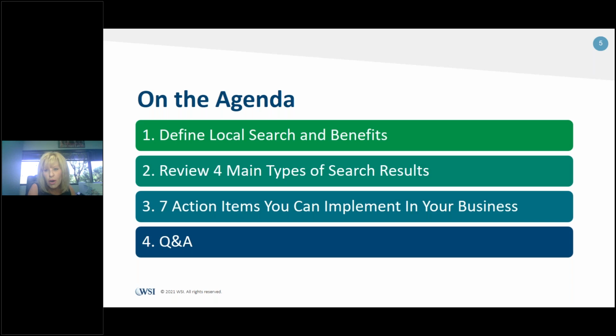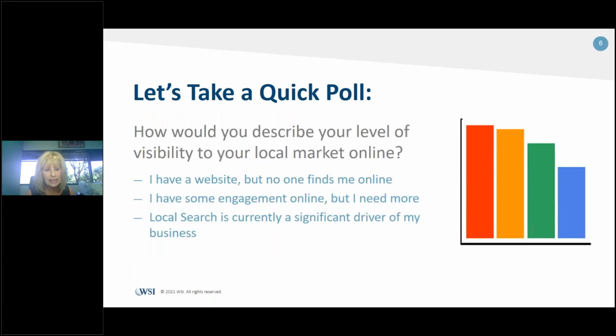And then we'll go over the tips, the action items, the things that you can do in your business to get yourself listed in one of those precious spots on the first page. And then at the end, I think I'll turn it back over to Cheryl for some Q&A. So let's get started.